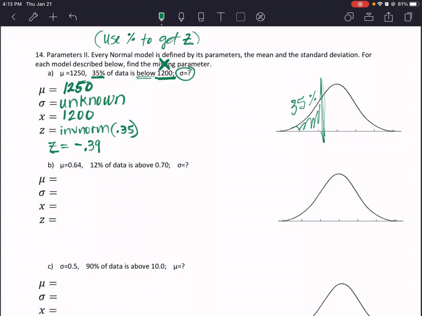Okay. So now I just really want a lot of room to be able to write and show you how to do this algebra. So I'm going to scoot on over to a blank page and rewrite this out. So I know that, remember, my z equals the x minus the mean over the standard deviation. Okay.